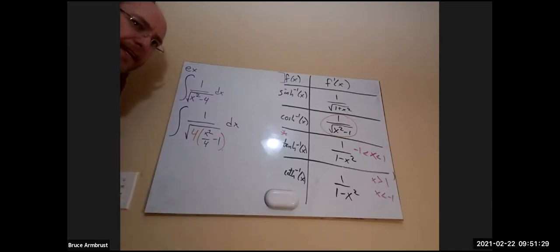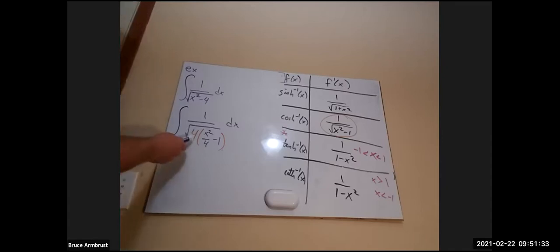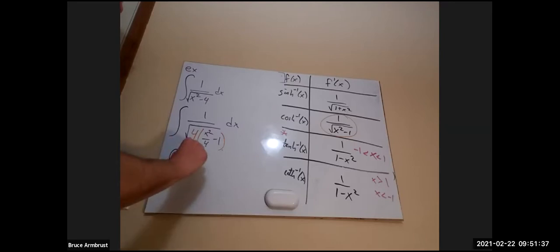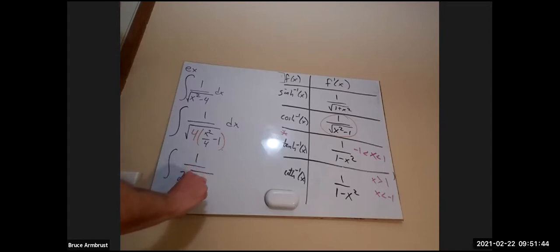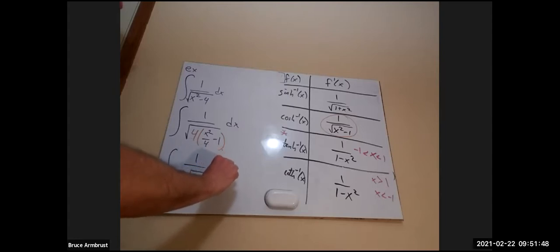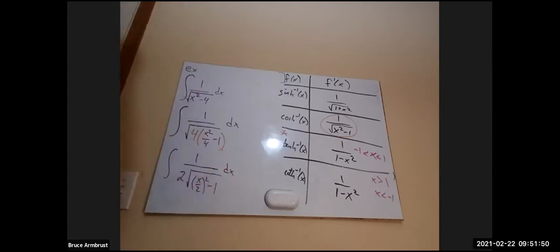You've seen that kind of trick happen before. Well, that square root of 4, that's just a 2. Integral of 1 over 2 times the square root. And I'm going to write this as x over 2 squared minus 1, if you guys don't mind. All right, so this is where we are at this point.